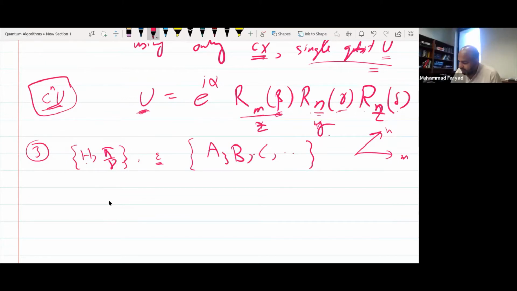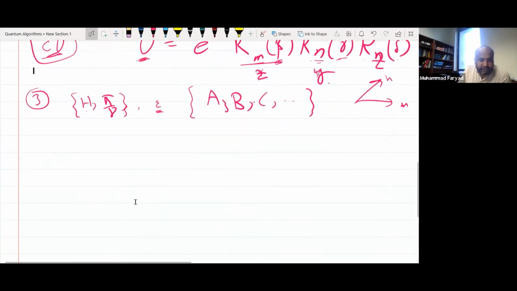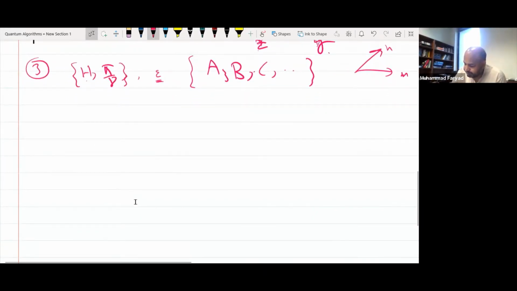Okay, so let's begin with the first task. And that is the two-level unitary.